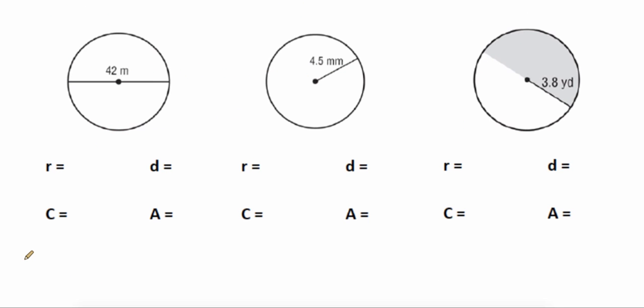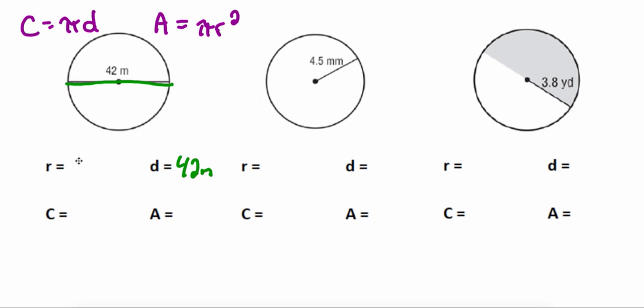So let's see that played out. Reminder, circumference is equal to pi times the diameter. Area is equal to pi times the radius squared, or pi times radius times radius. And I'm using each one to make sure we're using each one of our measurements. So here I have 42 meters. That's my diameter. My radius is going to be half of that, so 21 meters. For circumference, I'm going to do pi times the diameter, 42.